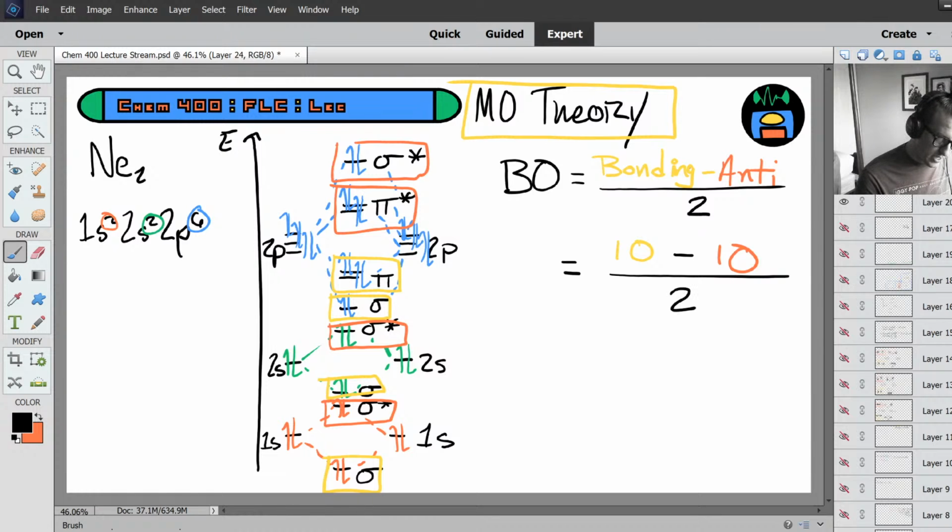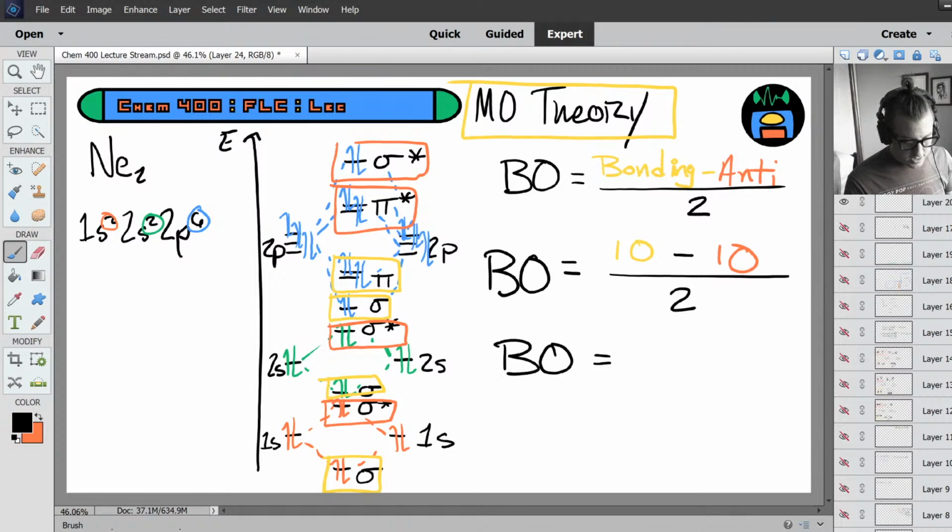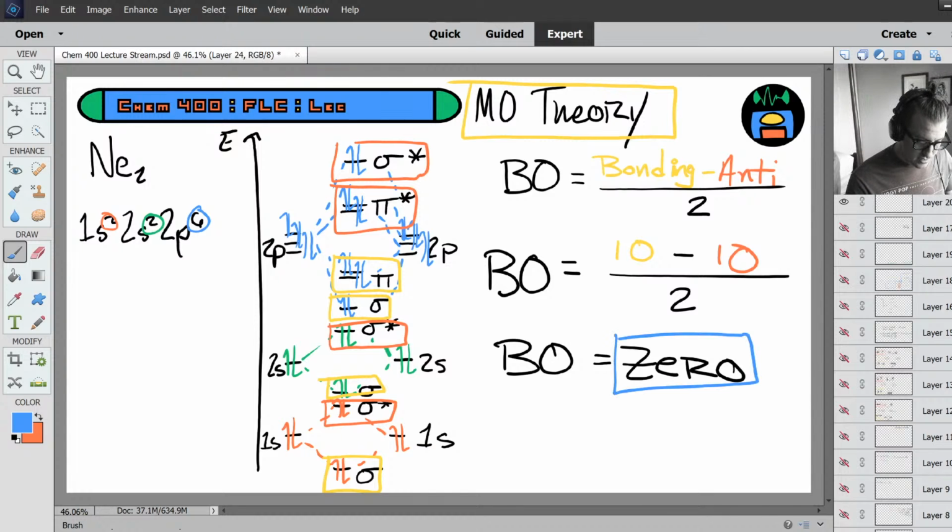So our bond order here is 10 minus 10 divided by 2, which means our bond order is 0 for dineon. Again, that means that no bond forms. All right, no bond forms.